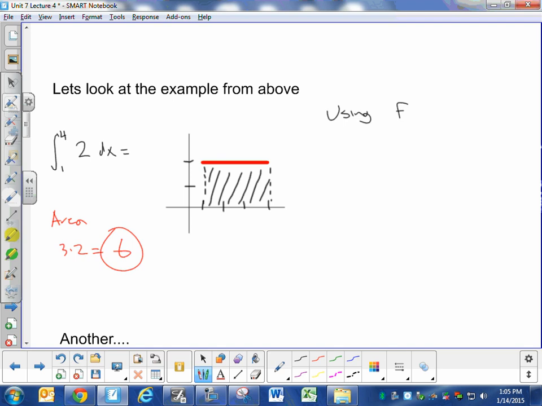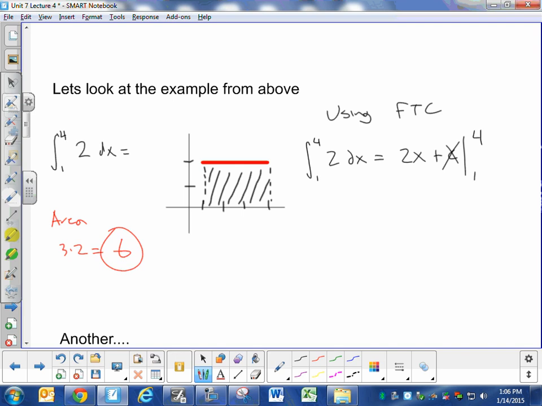Using the fundamental theorem of calculus, this is what I would do. The integral from 1 to 4, or the area from 1 to 4 under 2, would be equal to the change of the antiderivative, which is 2x. The antiderivative is 2x plus c, but we just talked about how we don't need the c if we're talking about the change, so I'll just exclude it, between 1 and 4.